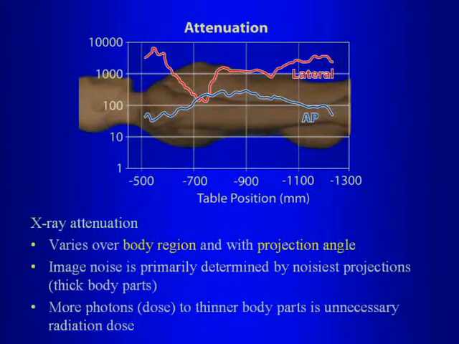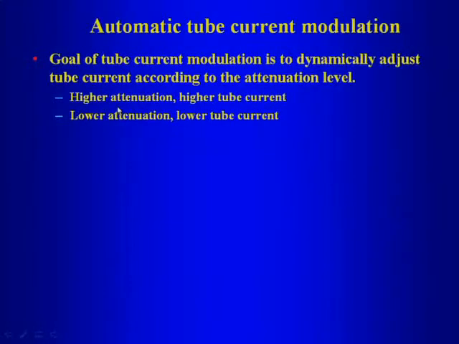Because image noise is primarily determined by the noisiest projections, for constant tube current, the more photons for the thinner body part are actually unnecessary. So the goal of automatic tube current modulation is to dynamically adjust the tube current according to the attenuation level. Basically, use more tube current on the higher attenuation and lower tube current on lower attenuation.